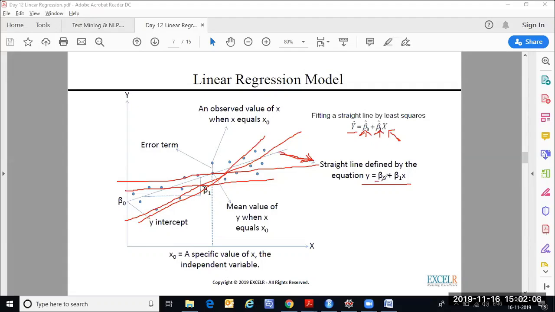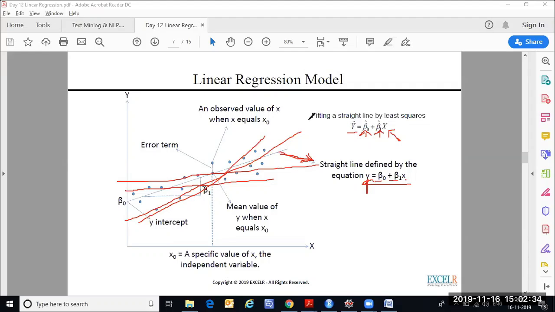So the y-intercept value and the coefficient of x are going to help me predict the value of y at a given value of x. And the same thing is represented as the fitted values. Fitted values are the predicted values, both are the same.